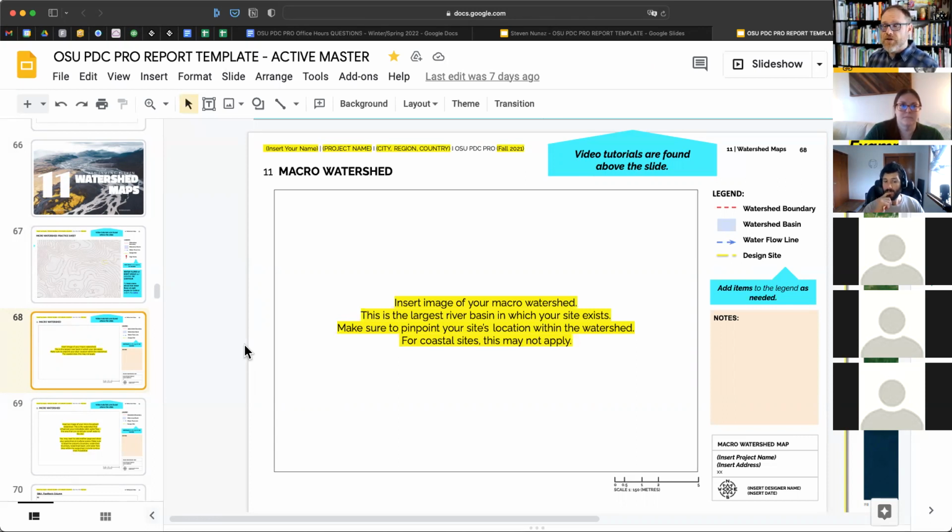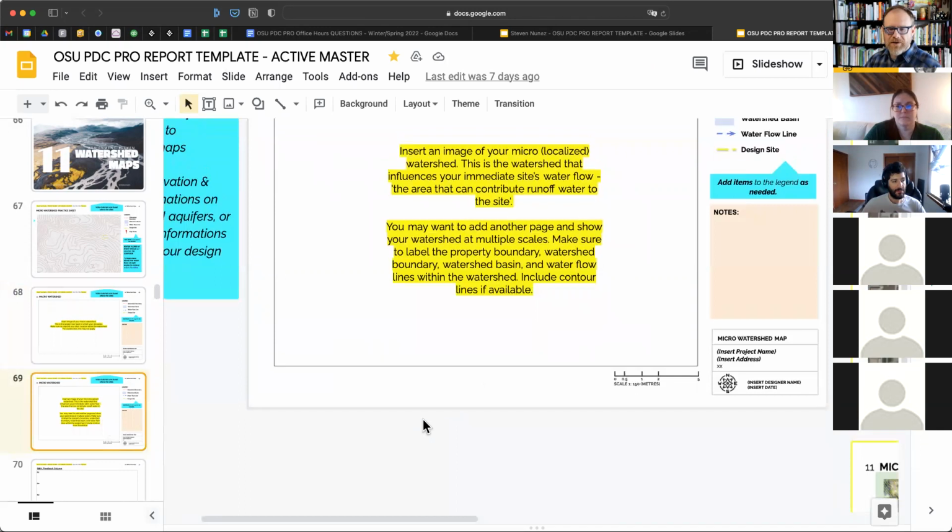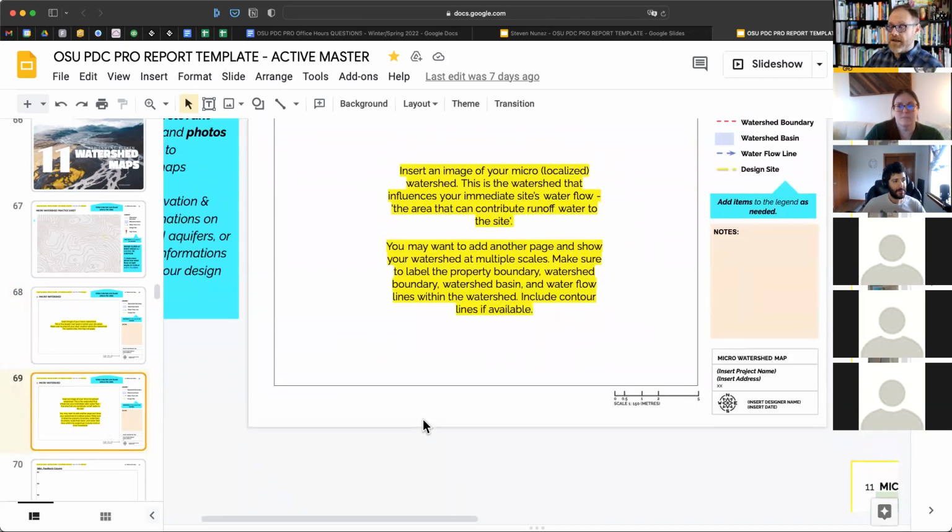So you'll have to go out and actually view your landscape and take a look at gutters and see how gutters are flowing down the roads and whatnot. And you're going to have to make some educated guesses. Remember, any assumptions you make, just put as a note at the bottom of your assignment. Went out, took a look at this. This seems to be what my minor watershed, my micro watershed is.